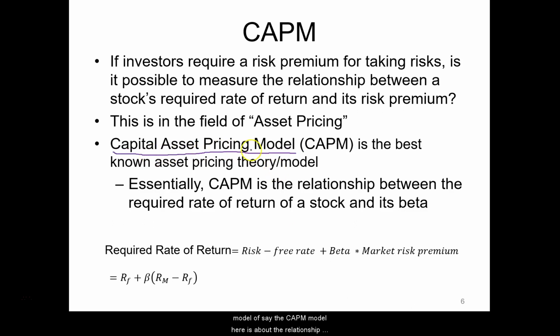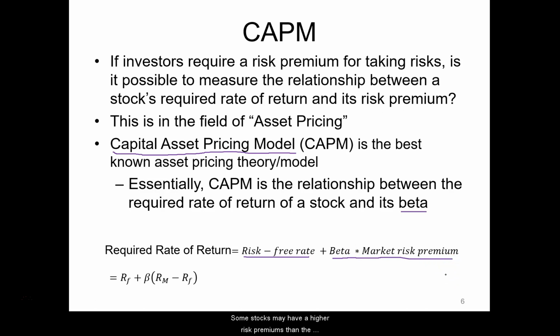The capital asset pricing model, or say the CAPM model, is about the relationship between the required rate of return of a stock and its beta. As you see from the formula here, the required rate of return is estimated as the risk-free rate, which is usually the return from, say, the treasury bond. And then the second component in this equation is beta multiplied by the market risk premium.